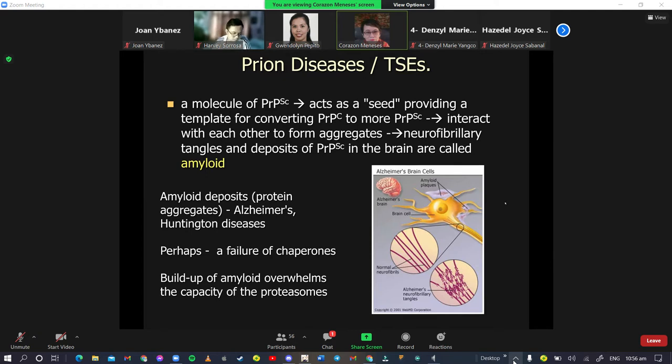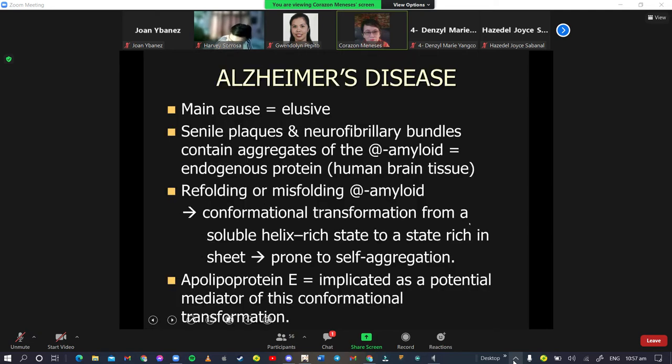Now for AD, I think the book mentioned a mediator, which is a lipoprotein. I think I have also mentioned this for AD. What is implicated here is apolipoprotein E, an apoprotein in your LDL, low density lipoprotein.